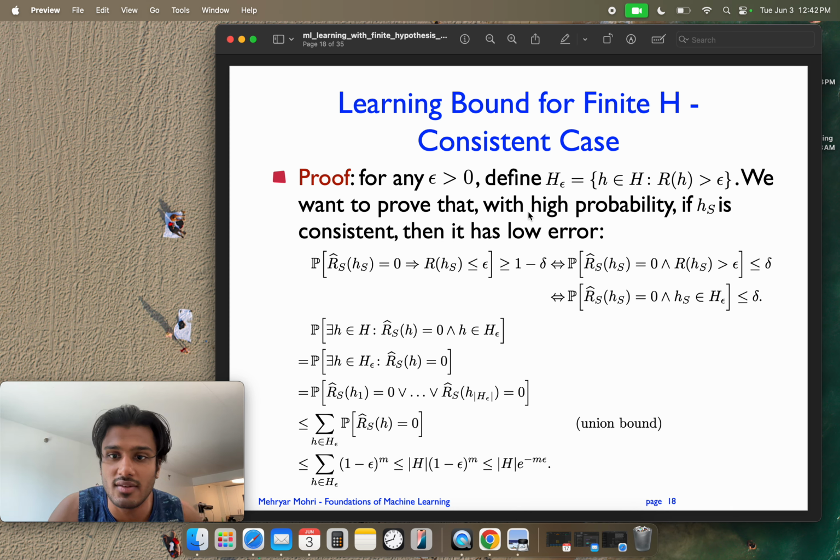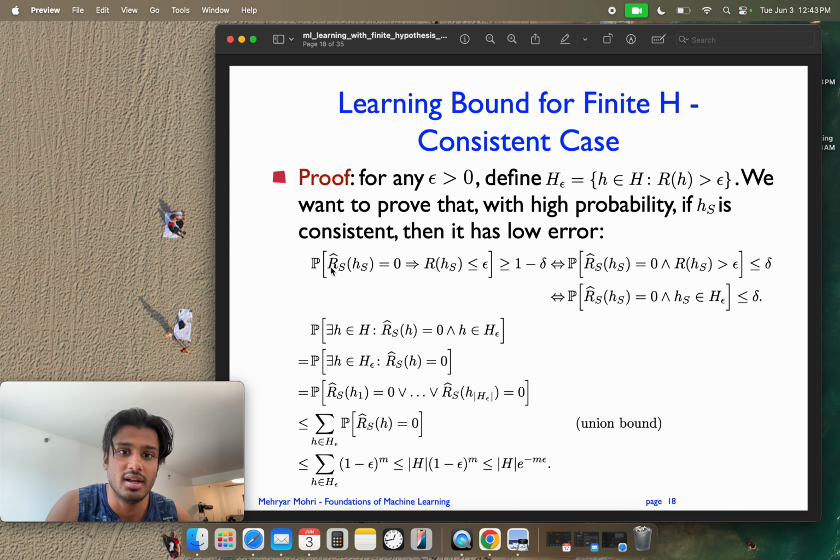So we want to prove that with high probability, if h sub S is consistent, then it has low error. That means if h sub S has empirical error 0, then it must not be in this set H sub epsilon for which the real risk is greater than epsilon. So the probability that the empirical risk is 0 implies that the risk of h sub S is less than epsilon.